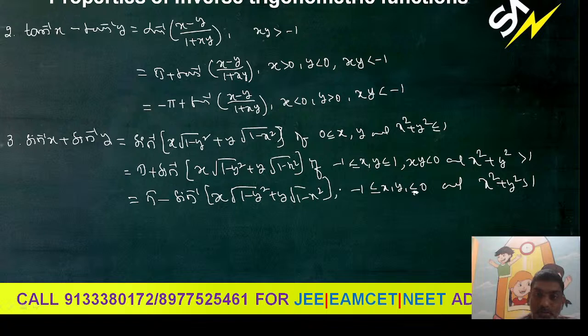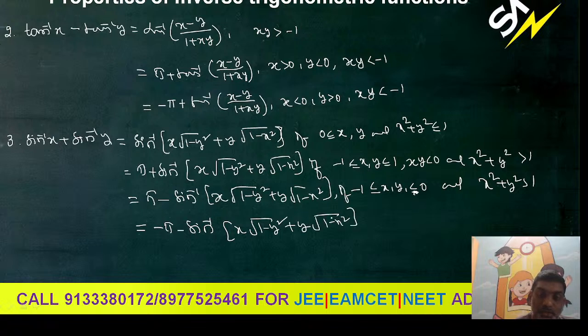Next formula is negative pi minus sin inverse of x into under root of 1 minus y square plus y into under root of 1 minus x square. What are the conditions here?